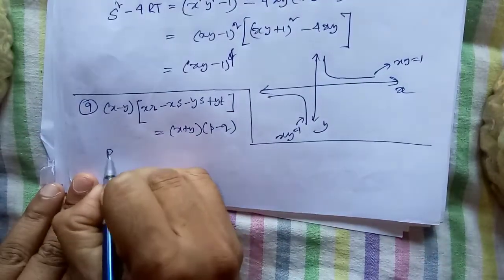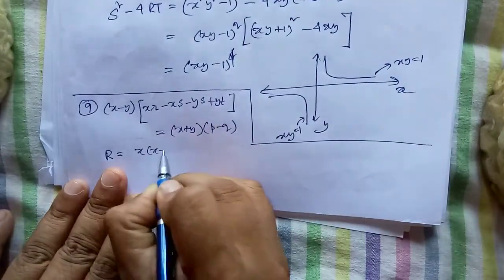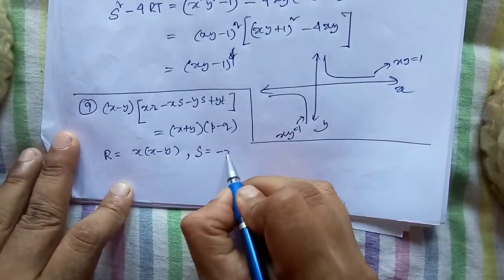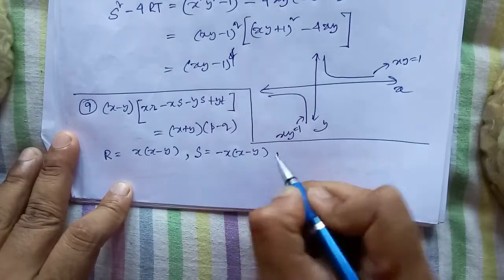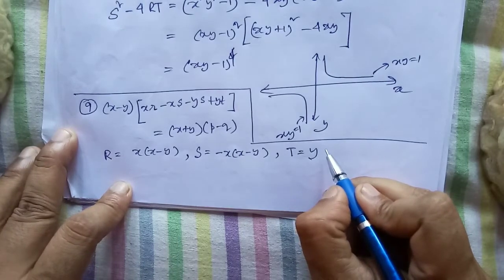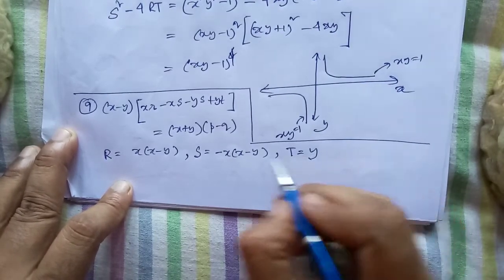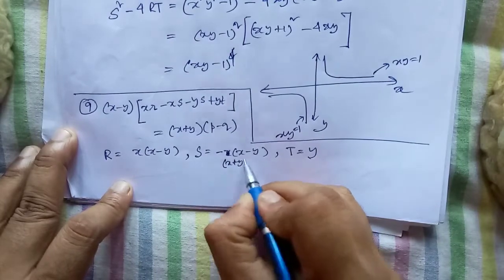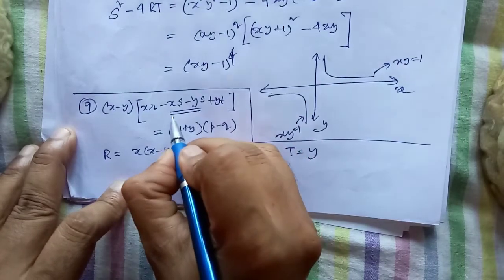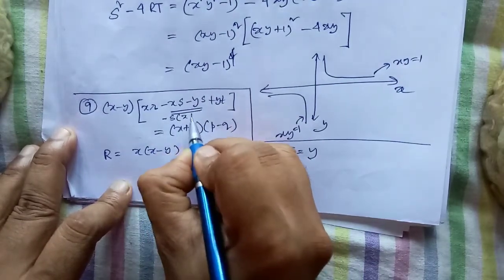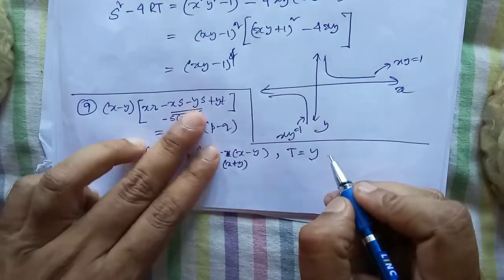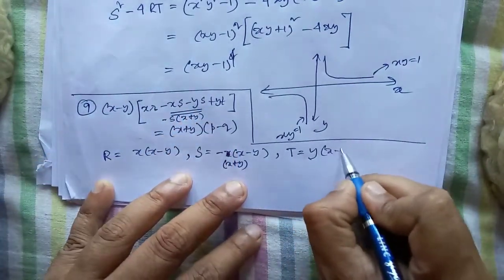So your r is equal to x multiplied with (x minus y), s is equal to minus... Sorry, I have made a mistake. There should be an x plus y, because if you take s common, then this will turn into x plus y. So this is this, and t is equal to y multiplied with (x minus y).